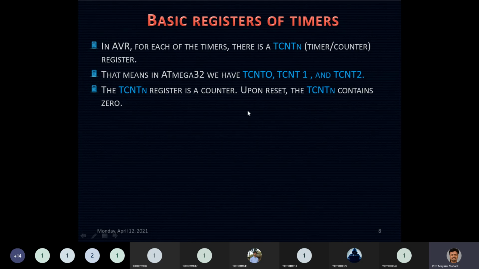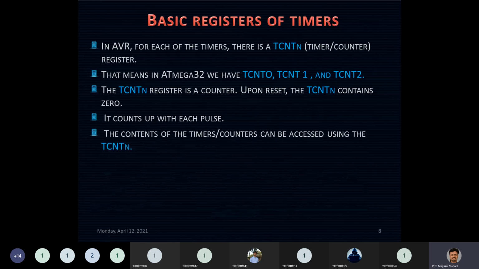It is also very important to know that whenever you reset your microcontroller, the value of TCNT will be equal to 0. So it contains the value 0 at every reset. It counts up with each pulse, whether external or internal; with every pulse it will count in the upward direction.